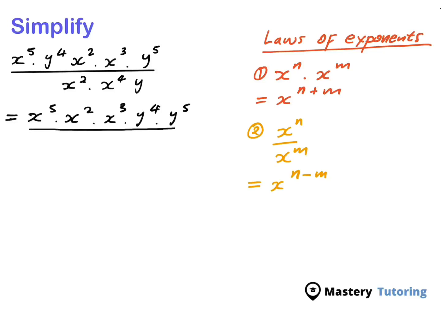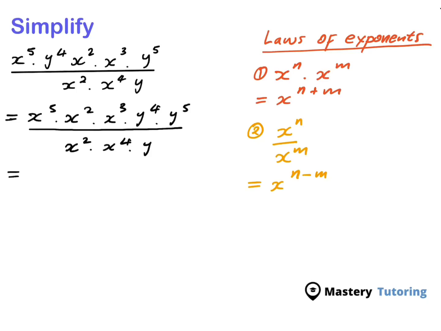And then we divide the whole numerator by the denominator, times y. We can now apply rule number one on the numerator separately, and then on the denominator separately, and then eventually we apply rule number two.